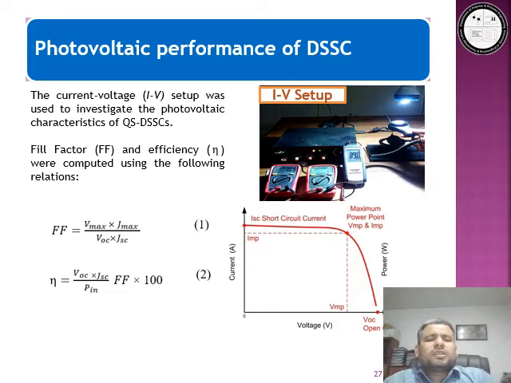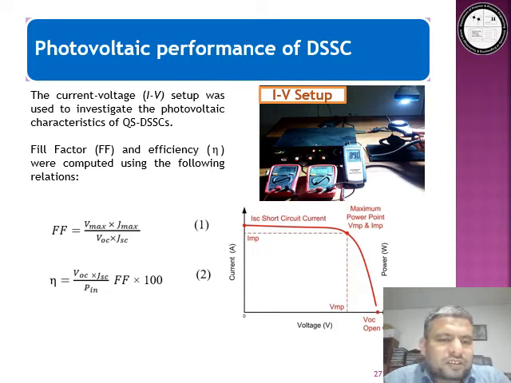The current voltage setup was used to investigate the photovoltaic performance of the solid state DSSC under the light intensity of 100 milliwatt per centimeter square. So maximum current density, short circuit current density, maximum voltage, and open circuit voltage were calculated from JV curves, while the fill factor and efficiencies were computed using the following relations.